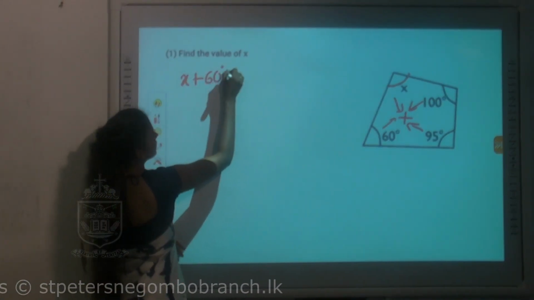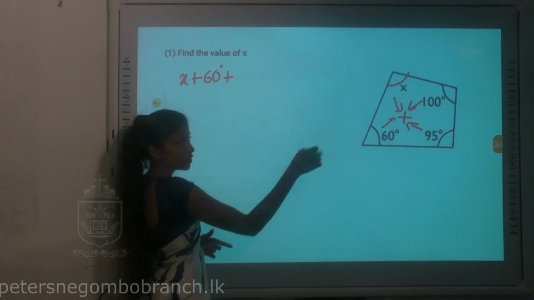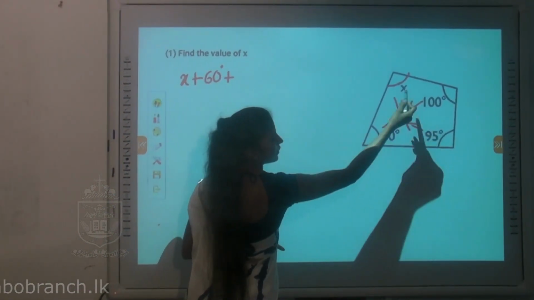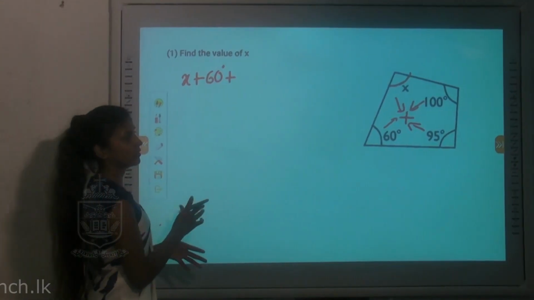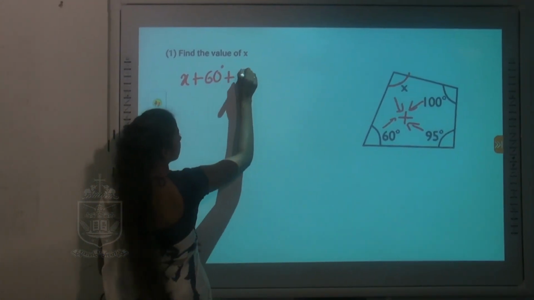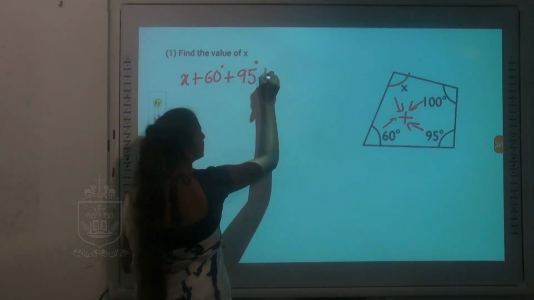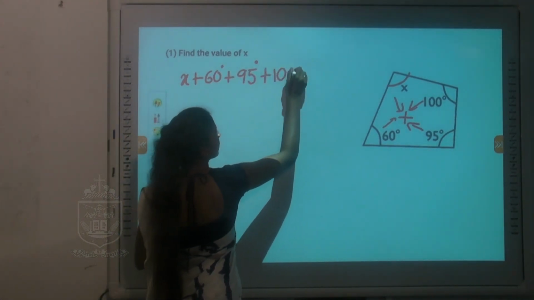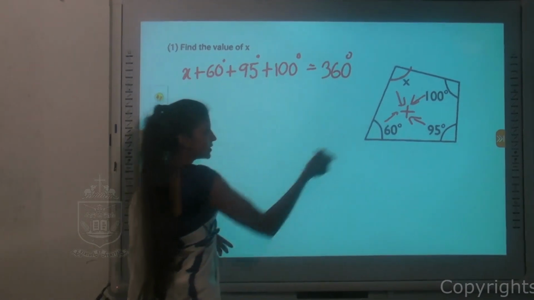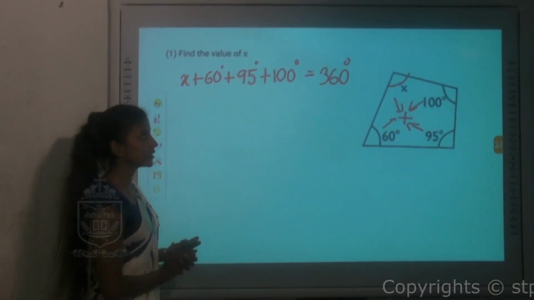Okay, let's add x plus 60 plus 95 plus 100 degrees equal to 360 degrees. You all can start from any point, but I'm going to go this way. You all can select any way, but all four should be included in the equation. Here also the reason is sum of the interior angles of the quadrilateral.